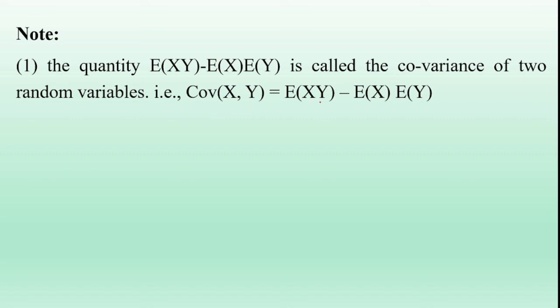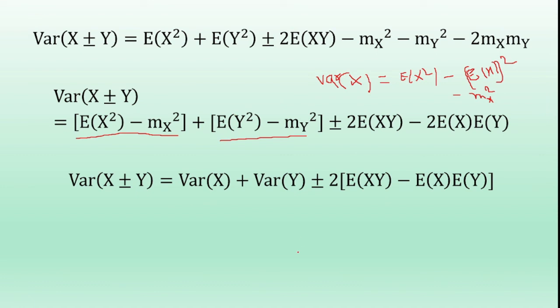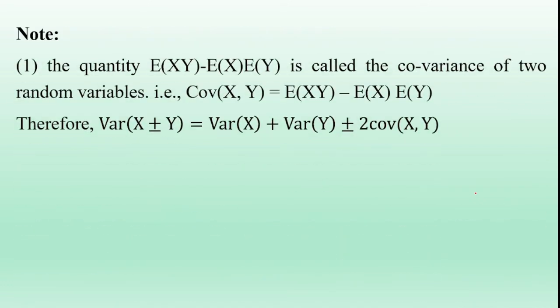So the bracket term is covariance of x comma y. Therefore, variance of x plus or minus y is equal to variance of x plus variance of y plus or minus 2 covariance of x comma y.